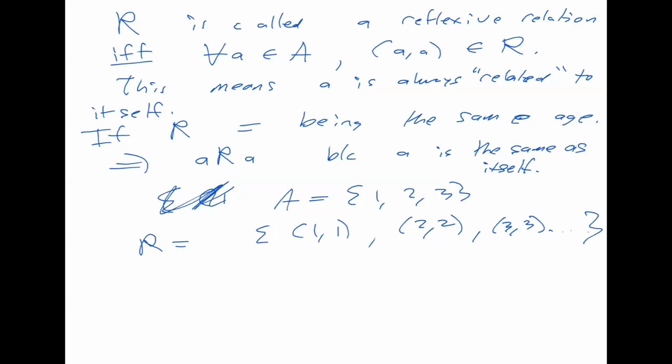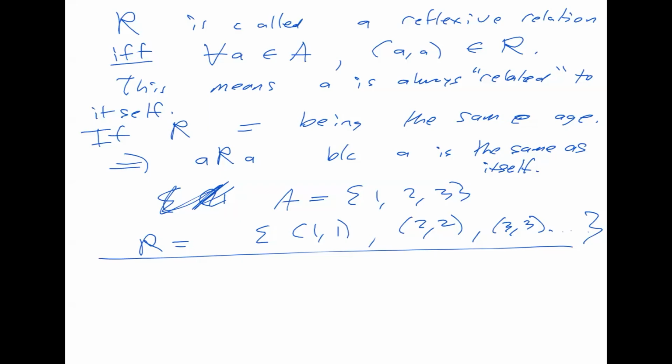Hobbies. Pardon me? Hobbies. Hobbies? Yeah. So you'd have to maybe define the hobbies in some way, but you could say the relation is, do you have the same hobbies, I guess?